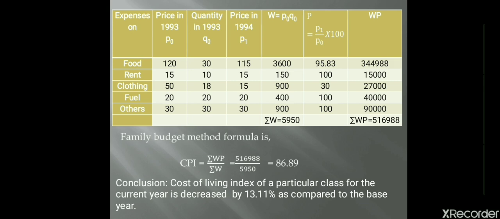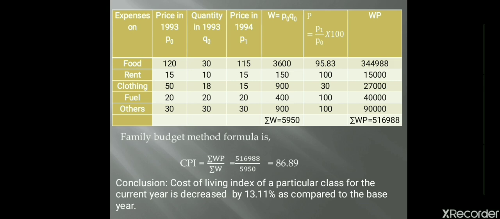And consumer price index formula is summation WP divided by summation W. That's why we calculate W, that is weight, nothing but base year values, using the formula W is equal to P naught into Q naught. That is the fifth column in this table. So, to find these values, multiply base year prices with corresponding base year quantities.